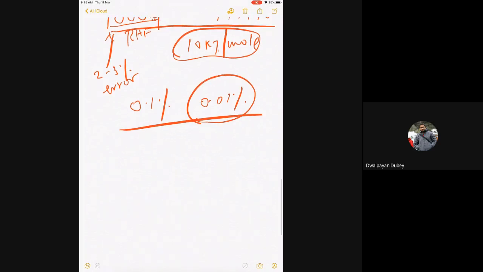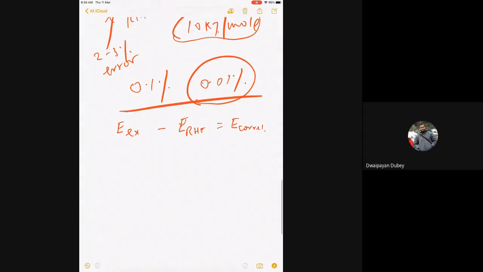The difference of the total energy, exact energy, minus the restricted Hartree-Fock energy, is actually called the correlation energy. Is that defined already? No. So this difference is called correlation energy. So correlation energy is the difference between the exact energy and the Hartree-Fock energy.